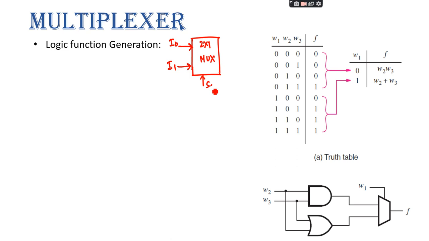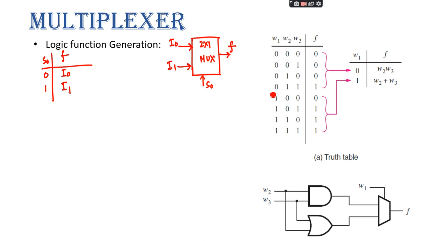Yes, sir. S0 and your output should be F. And in the truth table, for S0 and F, whenever S0 is 0, the output should be I0. Whenever it is 1, the output should be I1. So how many inputs do we have?